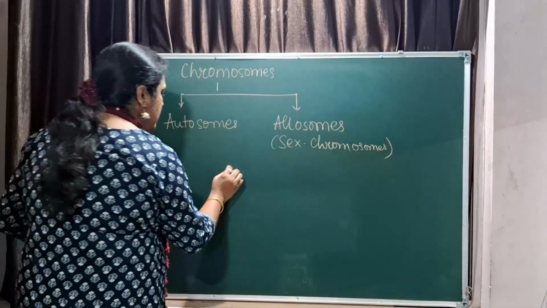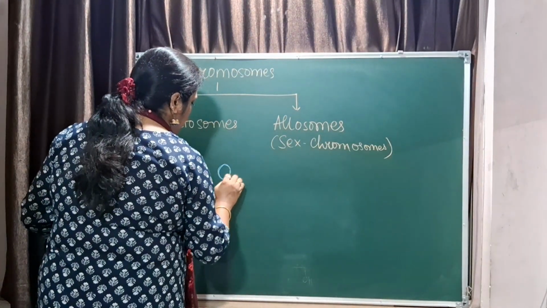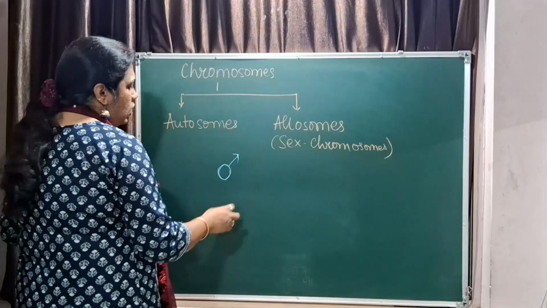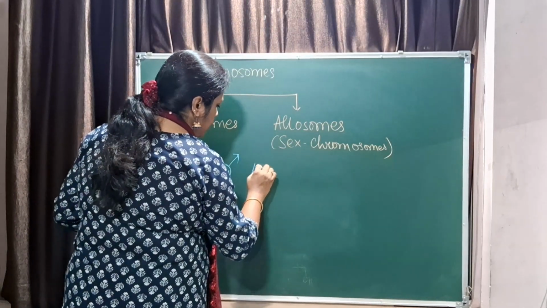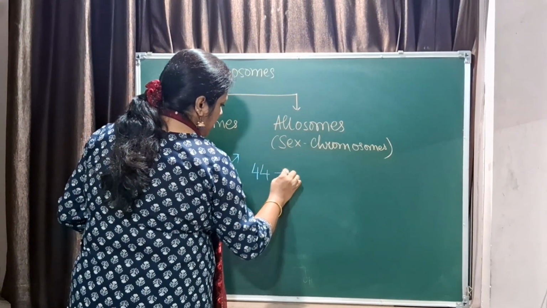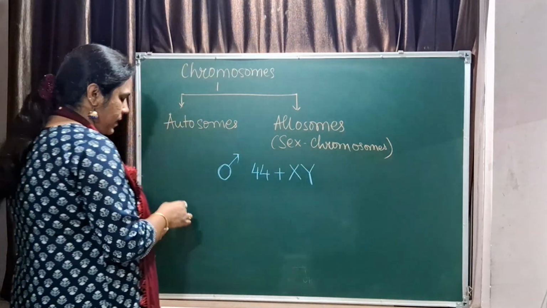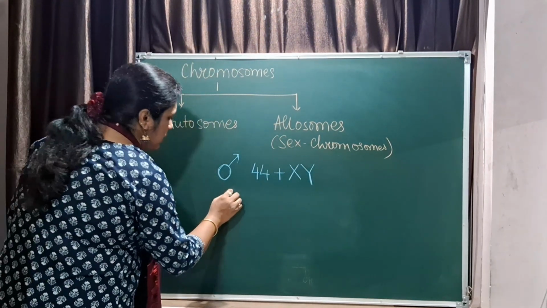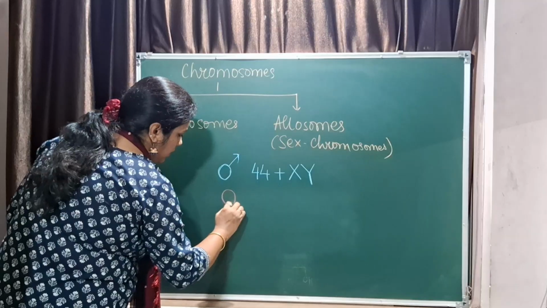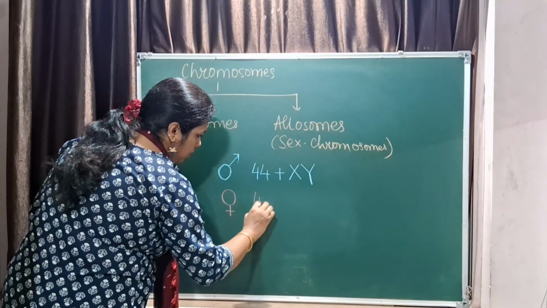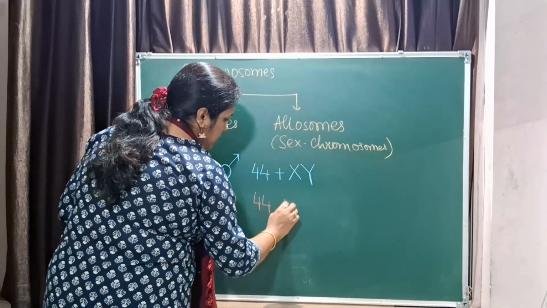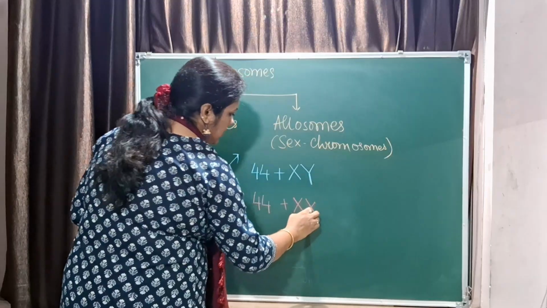This is the symbol for male, a circle with an arrow. The male has got 44 plus XY, and the female has got 44 plus XX.